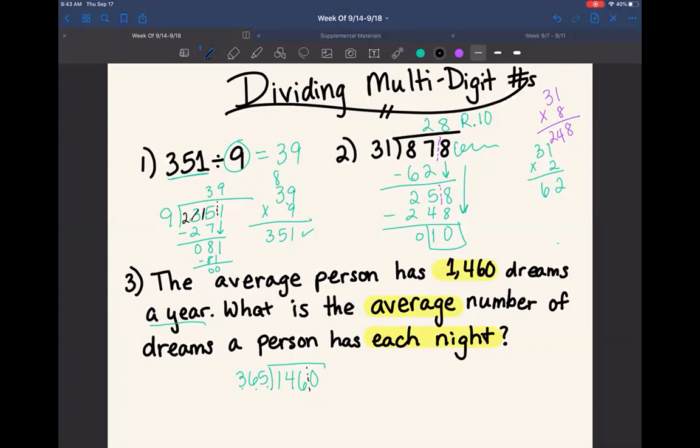Can I go backwards in my multiplication? Yes or no? No, right? So I have to look, unfortunately, at the entire number. Much like I didn't expect you guys to know your 31 times tables, I don't expect you to know your 365 times table.